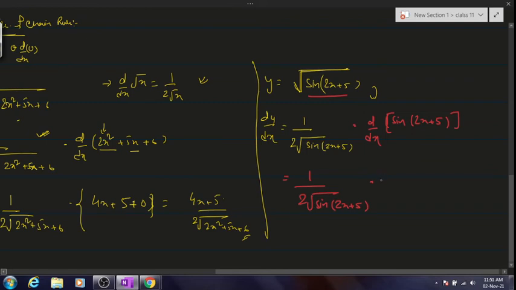Can anybody tell me the differentiation for sin x? It is cos x. So we had assumed this quantity to be x, but this is not x, we will be differentiating this thing again. This is what chain rule is all about.